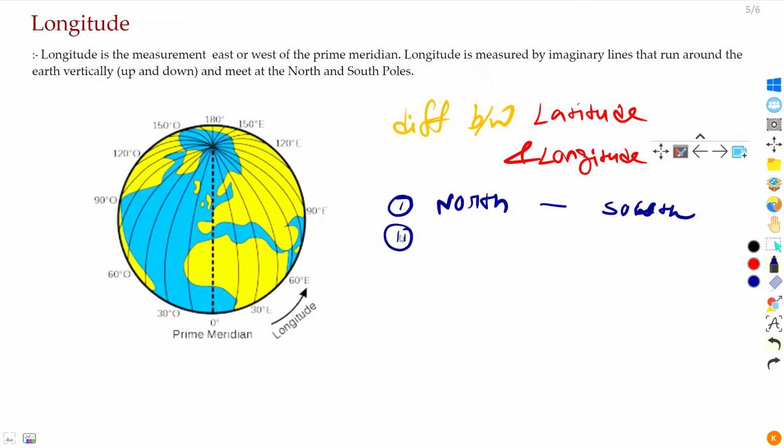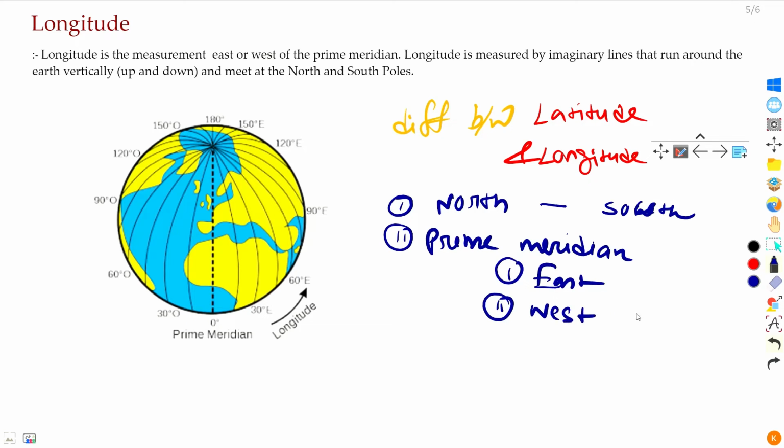And for this longitude, there is the prime meridian whose value is 0 degree, and this prime meridian also divides the Earth's surface into two parts. One is the east portion, another is the west portion. The total number of longitude lines is 360. For east there are 180, and for the west side there are 180.